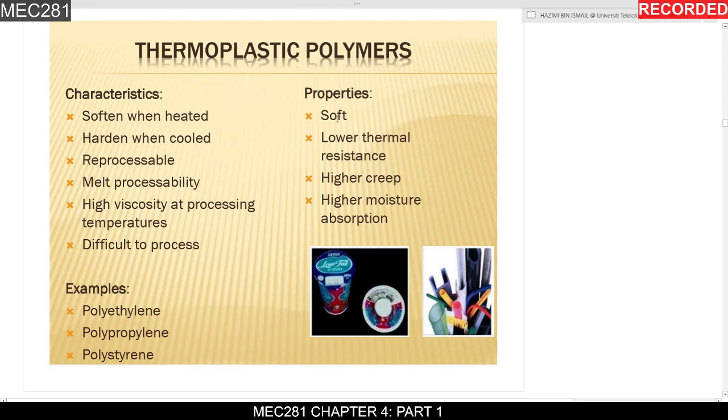Properties: it's soft, lower thermal resistance, higher creep, higher moisture absorption. Examples are polyethylene, polypropylene, and polystyrene. In this case we have your pan, your food cup, and so on.